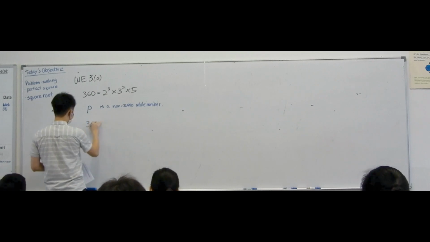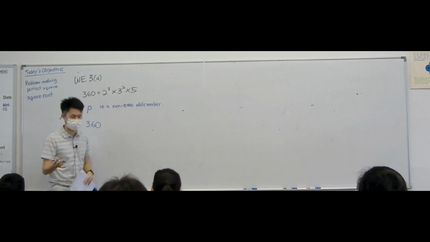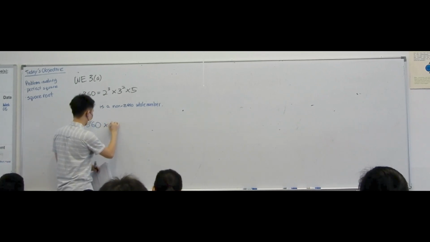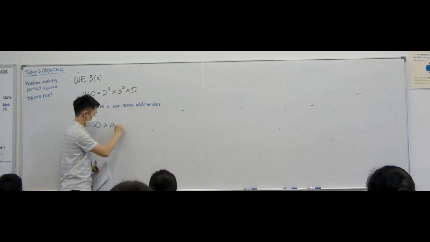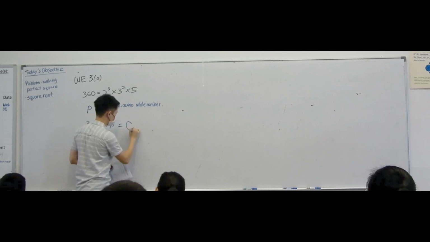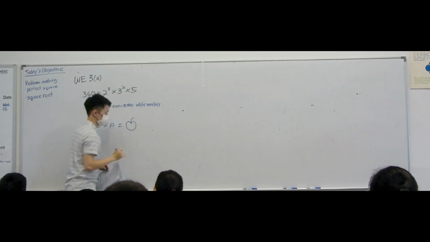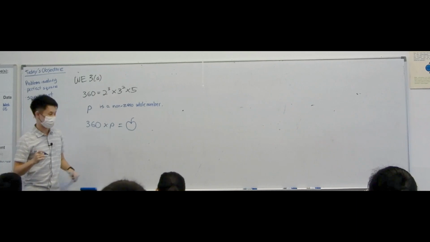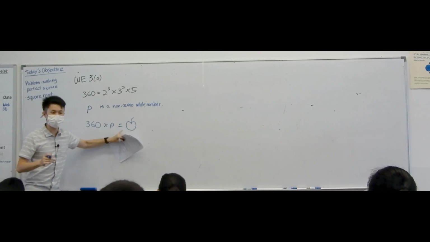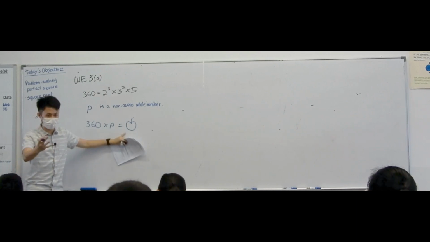The other information we have is that when I multiply P to 360, this apple here, that is the value. It's an apple, it's an apple. What are you thinking again? Cherry. Cherry, whatever. This cherry here is a perfect square.